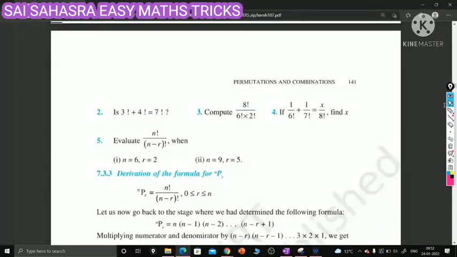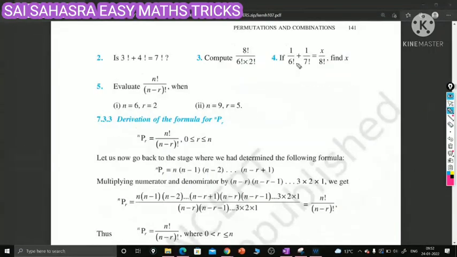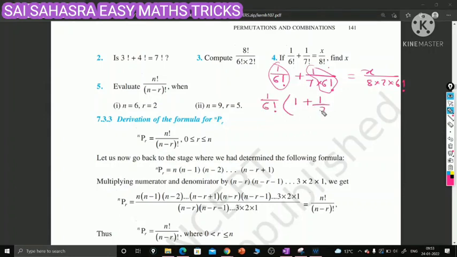Okay, fourth one, I will give the explanation with the common taking method. 1 by 6 factorial you write, plus 1 by 7, in that also 6 factorial comes. x by 8, also 6 factorial will come. So 1 by 6 factorial you take out common. So what is left? 1 plus 1 by 7, x by 8 into 7, and 1 by 6 factorial separate.